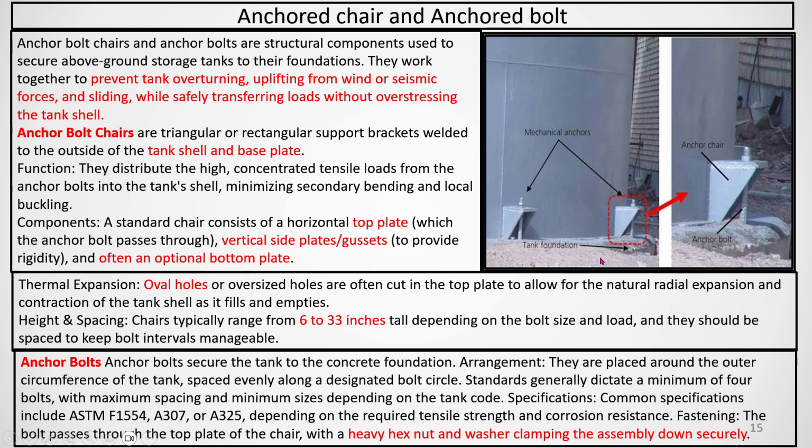Once you calculate the thickness and diameter of the foundation bolt, the anchor bolt, then you have to know what is called the anchor chair. This is the shape of it. You see the plate is just like a chair. So why is it made like a chair?